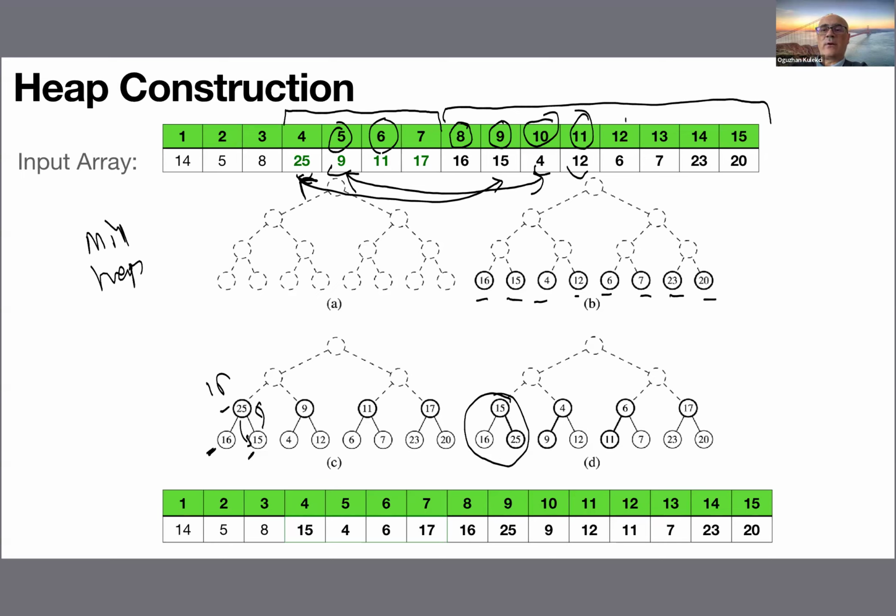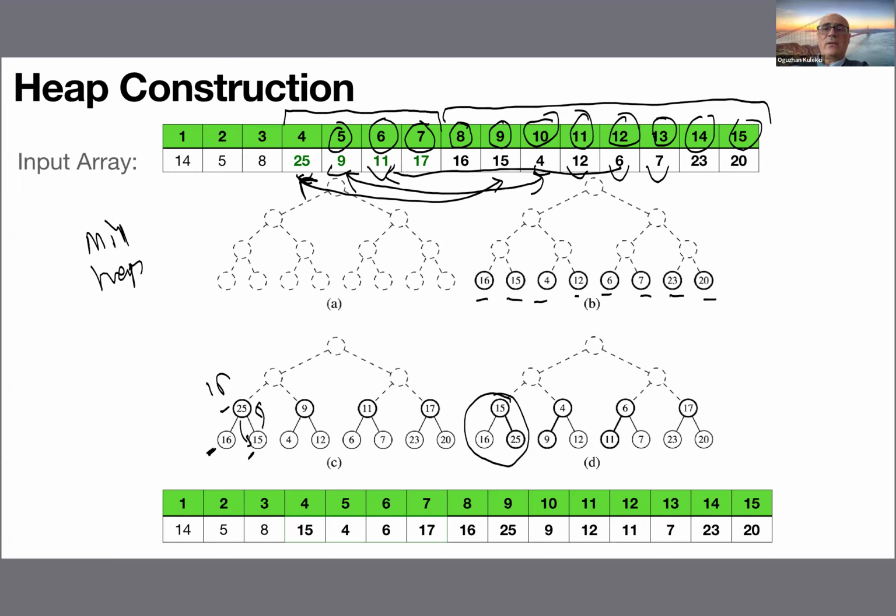The children are 12 and 13. So that is 6, that is 7, and that is 11. That means 6 should be moving to that position. And the last one is position 7. Its children are here, and it is fine because 17 is less than 23 and 20.